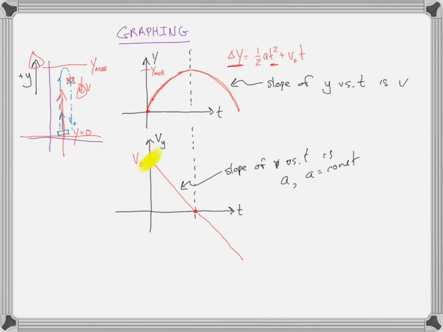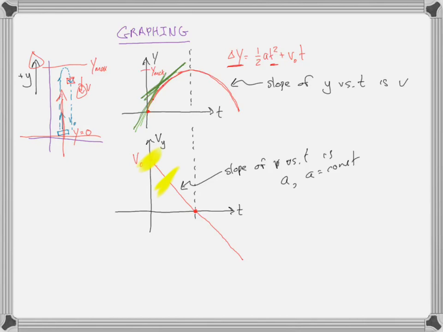So the slope of the y versus t curve is the highest. I'm going to draw a tangent line. The slope is the highest. As we go down, the velocity gets smaller. So here, the slope better be smaller. So here, at the same point on the y versus t curve, the slope is smaller. The tangent line is smaller, right? The slope of the tangent line is smaller.